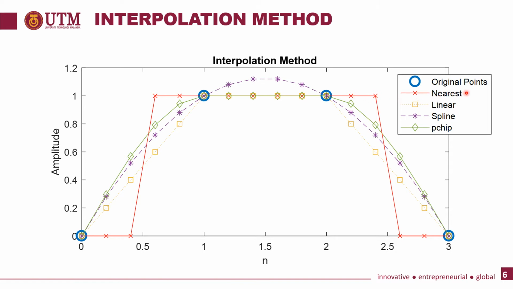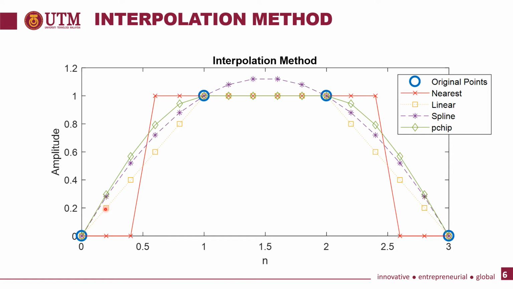All right, so next, the linear. What linear interpolation does is, first it will automatically connect each original point in a straight line, and then it will find the data based on the distance between each missing point.